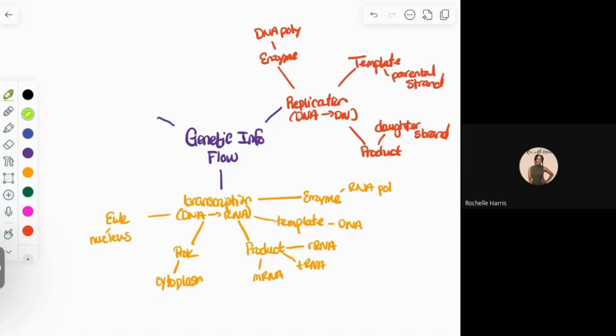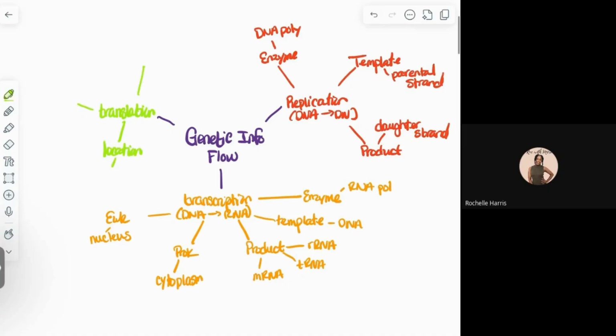And then our last branch here is translation. 3 branches coming out of that one. And then we have, where is it located? Where is this process located? So we have location, and the answer is ribosome.